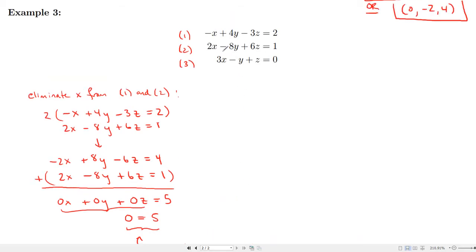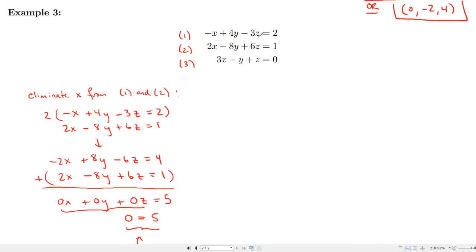So what's the reasoning for this? Well, essentially, just like when you have two variables, those were lines in the Euclidean plane, and we were trying to figure out where they are intersecting. When you add a variable, these are actually representing planes, and the planes that are represented by the first two equations here are, well, they're dependent.